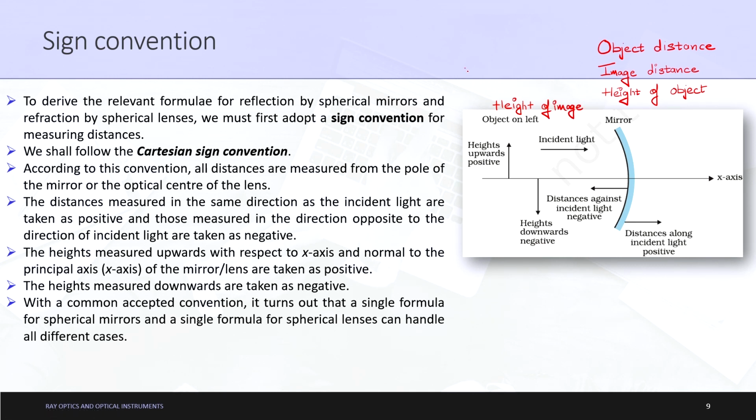There is another concept, just for telling you, called magnification.